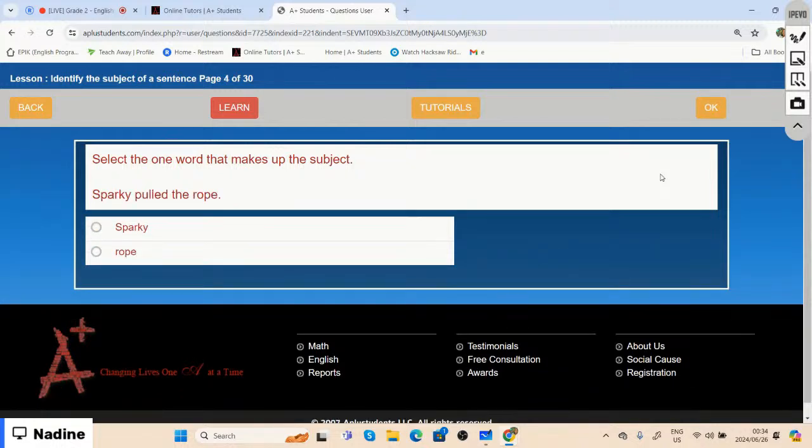Okay, let's do the last one and then we're going to our predicate. We need to select the one word that makes up the subject. It says Sparky pulled the rope. We need to select the subject. Is it Sparky or is it rope?